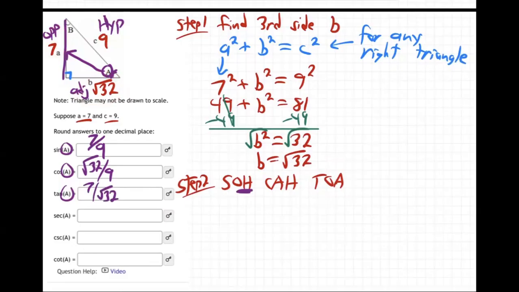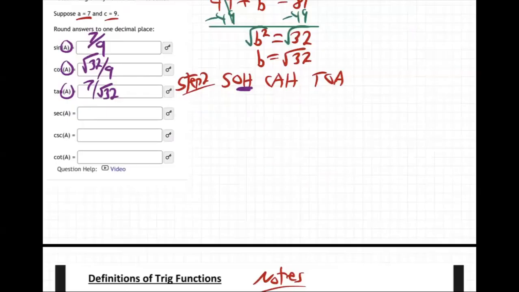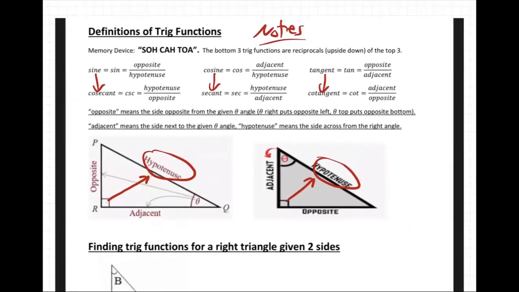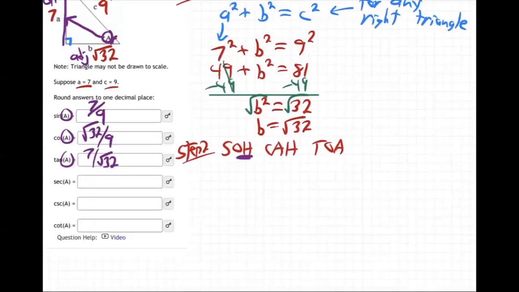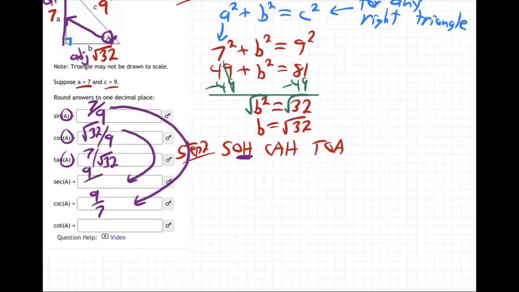Let's finish up first. Now, secant, what is that? And cosecant and cotan. Well, if you go down to the notes again, which you can totally use on the exam, it'll tell you. Cosecant is opposite of sine. Let's do that one first. So you take the answer we got from sine and jump down here to cosecant and just flip it, 9 over 7. And then cosine, flip it, you get secant, 9 over the square root of 32.